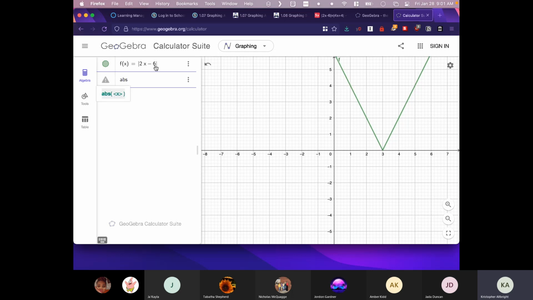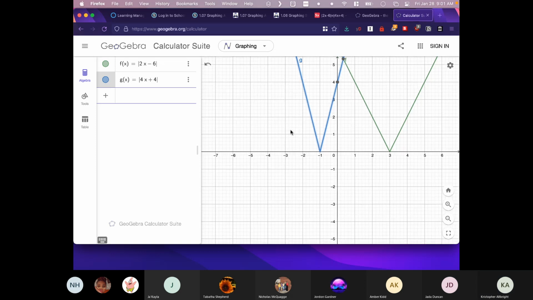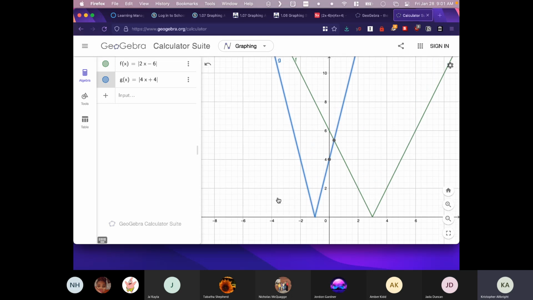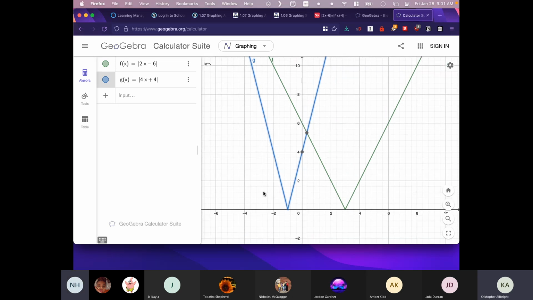Now I'm going to do the shortcut again, ABS, and hit enter, and then I'm going to graph the second one, 4x plus 4. And this right here is the answer of what you're actually looking for. So you can copy this and paste it into your homework, and this is what it wants.